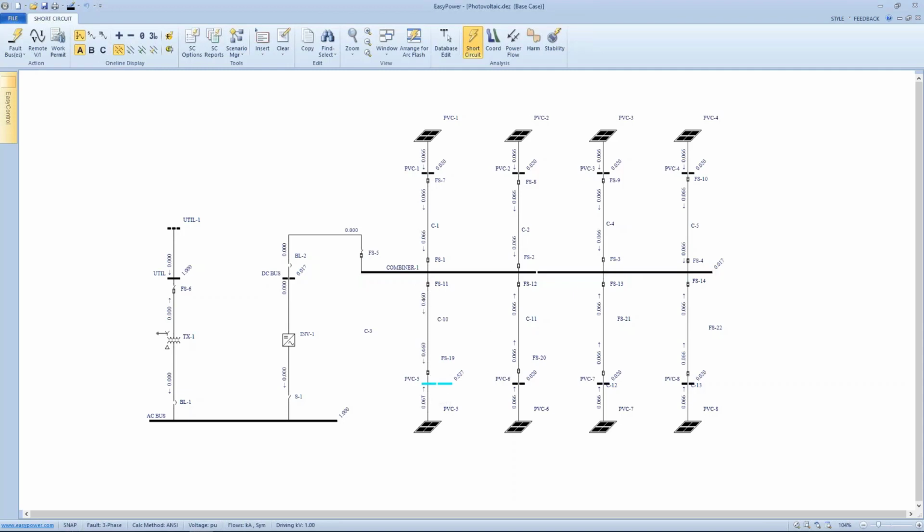The best place to look would be down here. We see that the rest of the system would provide 460 amps, while this one array would provide 67 amps. Well, the problem is for a 100 amp fuse, a 460 amp fault does not necessarily trip that fuse in a very fast manner.